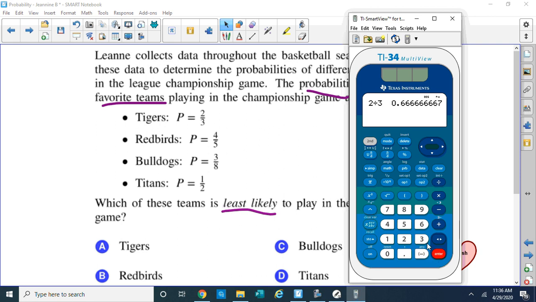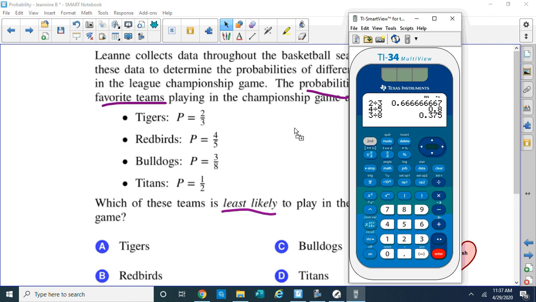Press enter. There's the Tigers, and they have a 0.6 repeating decimal. 4/5, 4 divided by 5, is 0.8. And let's do one more. 3 divided by 8 is 0.375.